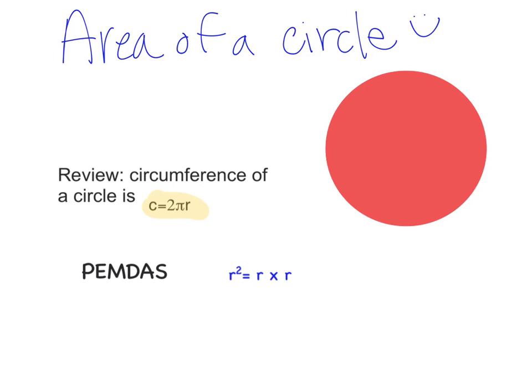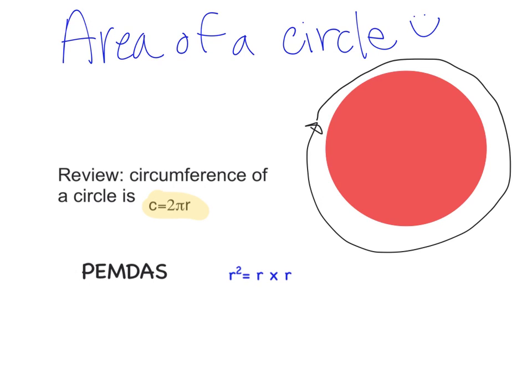So if we can remember 2 pi r to find the circumference, which is the distance around the circle, right? That's the circumference. We know that the radius is any line from the center of the circle to its edge. So this line would represent the radius, and whatever that measurement is, it'll be equal all the way around, no matter where you do it.